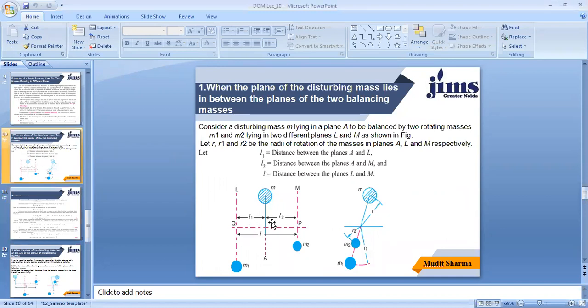We want to calculate the dynamic force at the bearing Q of a shaft, the force on this bearing. So I am taking the moment about P and calculating its value.